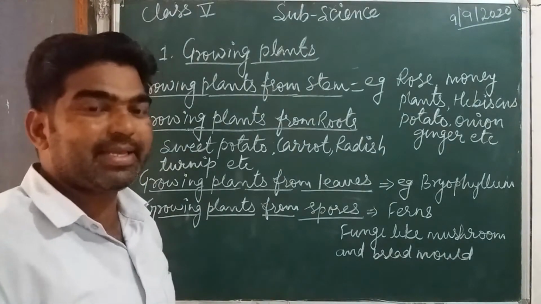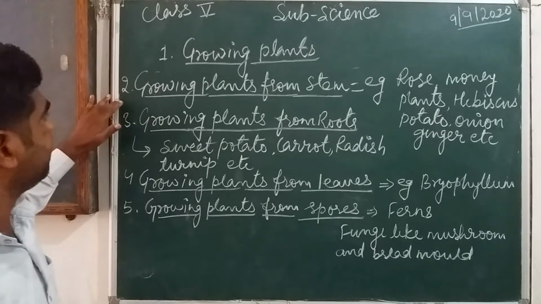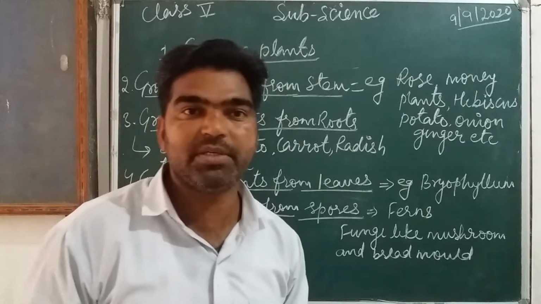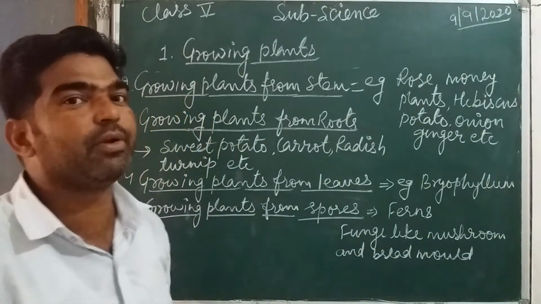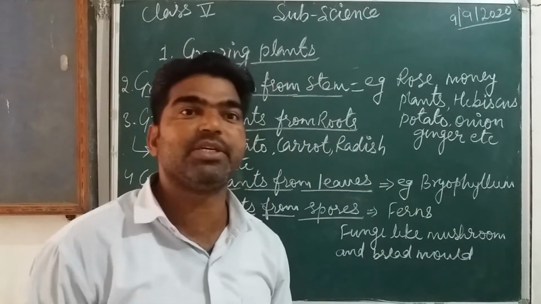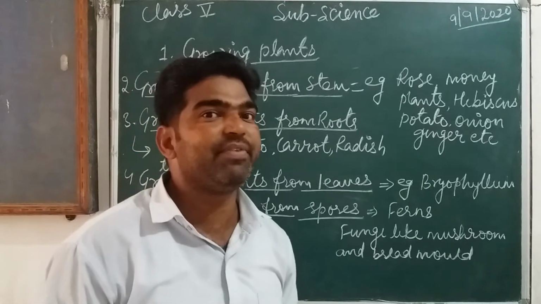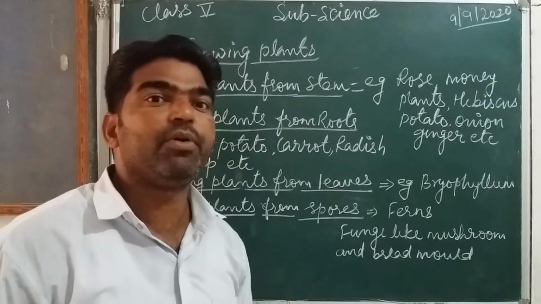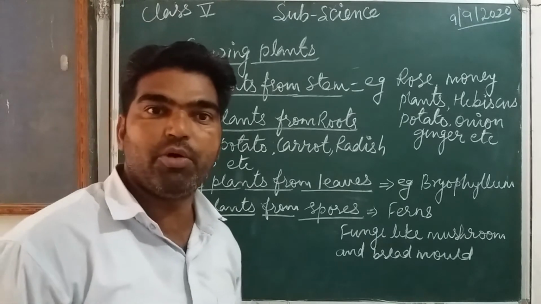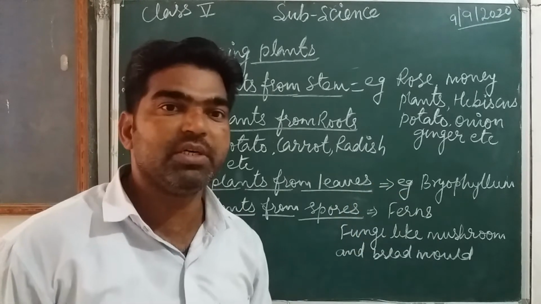Yes, so now next we are discussing growing plants from the stem. First, we discussed that plants can be grown from seeds, and we discussed the structure of a seed. A seed has 4 different parts: cotyledons or seed leaves, seed hole, seed coat, and embryo.